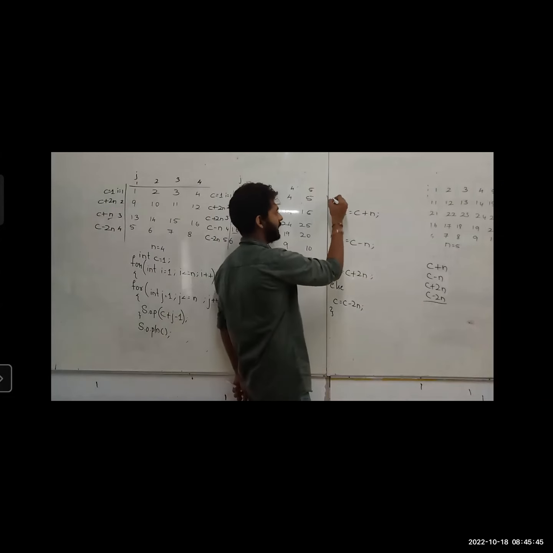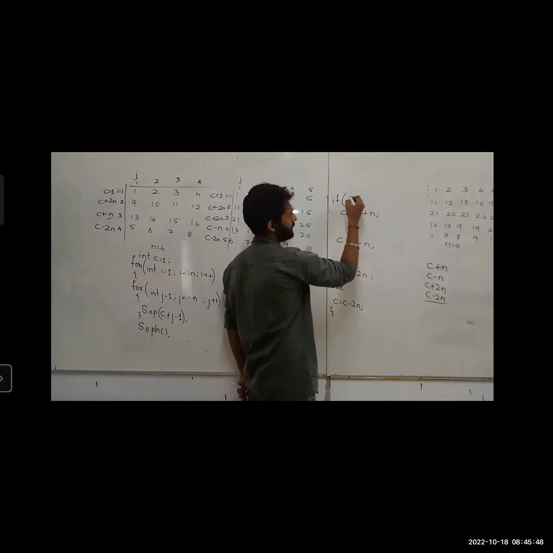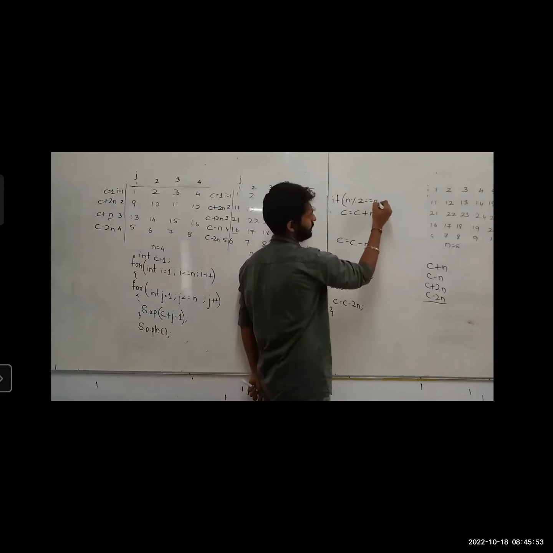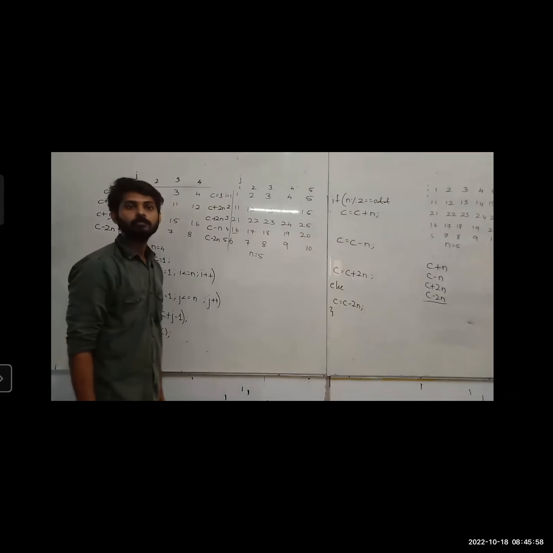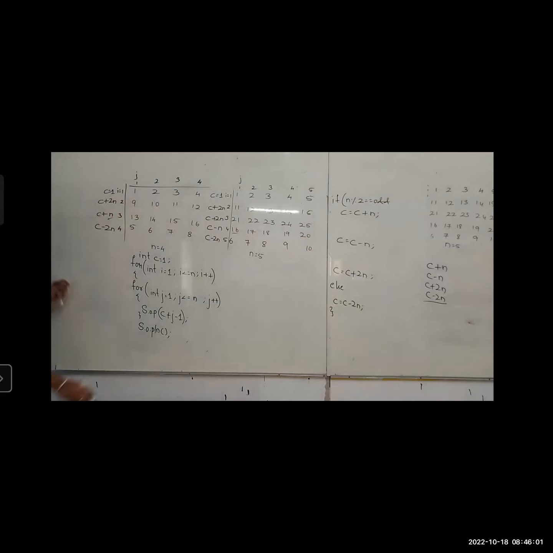First case, directly you can clearly write it: I greater than n by 2. If you write I greater than n by 2, then probably next time, whenever you give the value as 6, for the last one, I greater than n by 2.